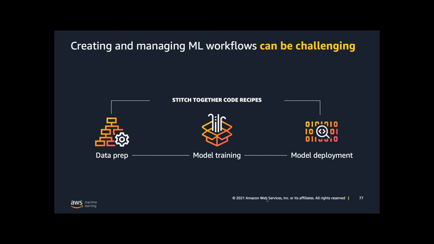When it comes to machine learning CI/CD, it's super hard to set up, configure, and manage the entire pipeline. This is because to do this, you need to create standardized code recipes for data preparation, model training, model deployment, and then at the end of the day, stitch each piece together into a workflow so they execute as an automated sequence of steps.